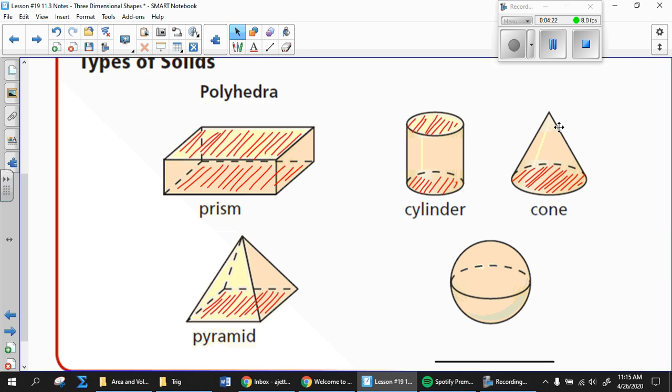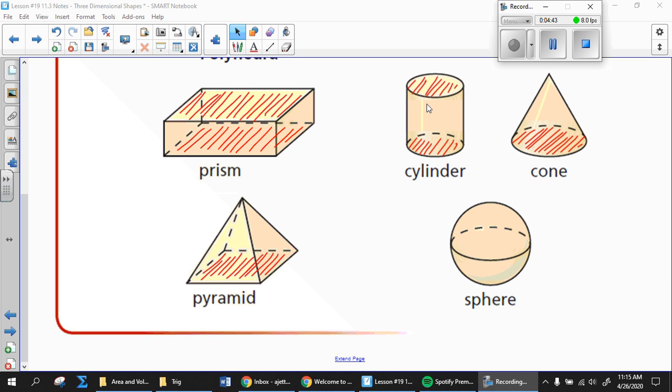A cone has a circular base and comes to a point at the top. So a cone is similar to our pyramid, besides, again, it has a circular base instead of a triangle or rectangle or whatever else we're looking at. And then a ball, as you would know it, we know is a sphere.